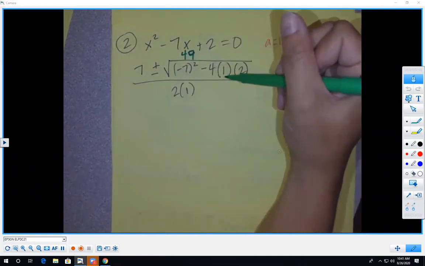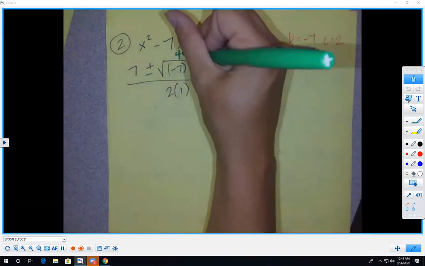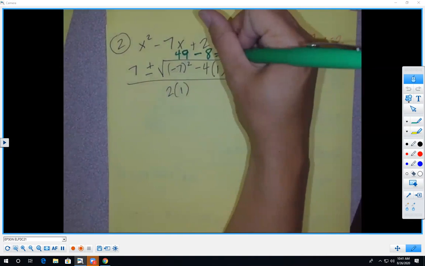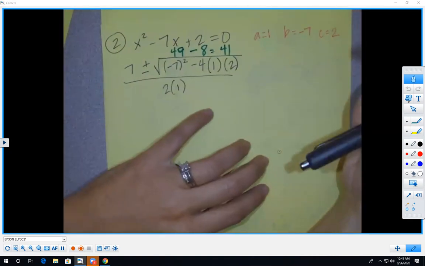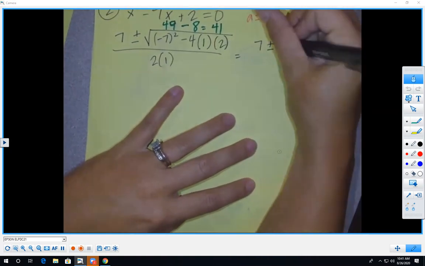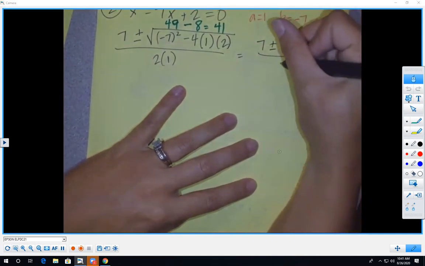So -4 times 1 times 2 is -8. So that means we are going to subtract 8 from that. And what is 49 minus 8? 41. So this becomes 7 plus or minus the square root of 41 over 2 times 1 is 2.